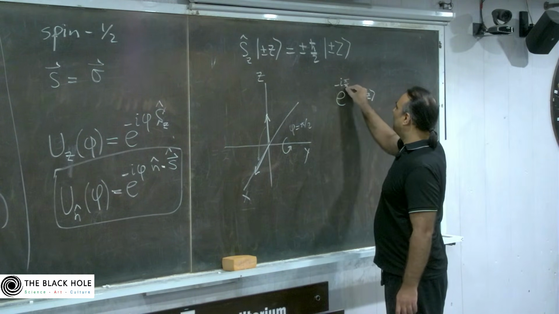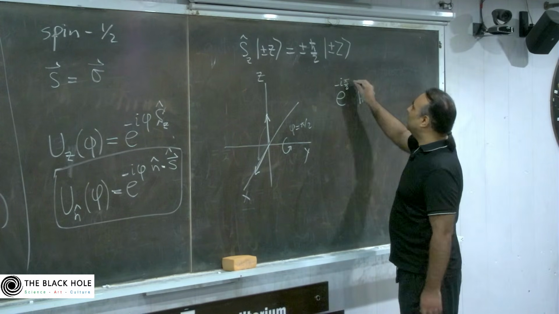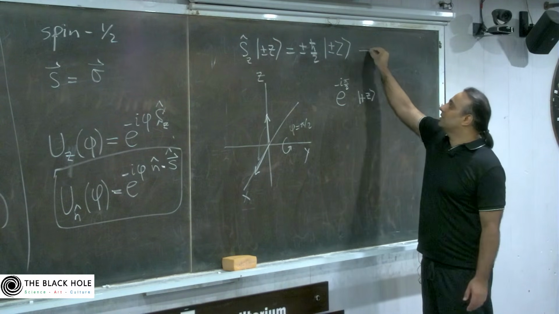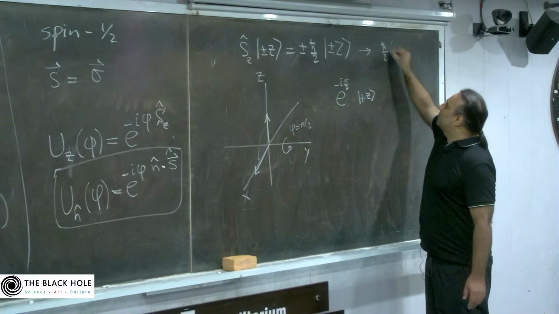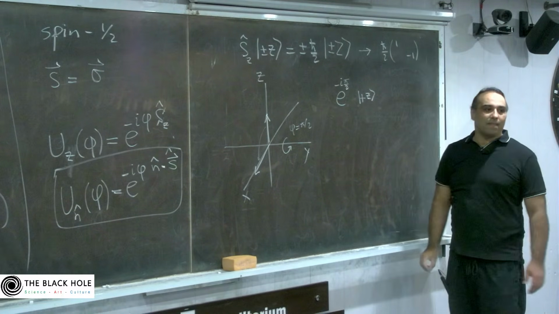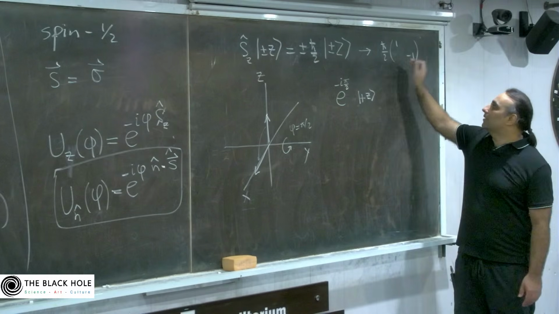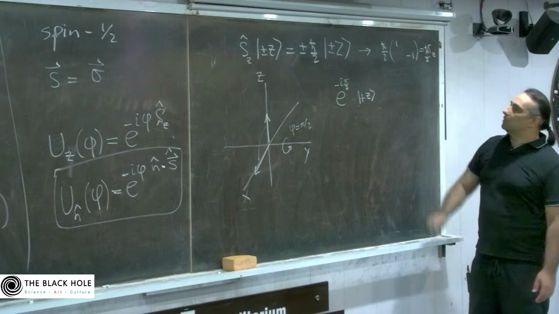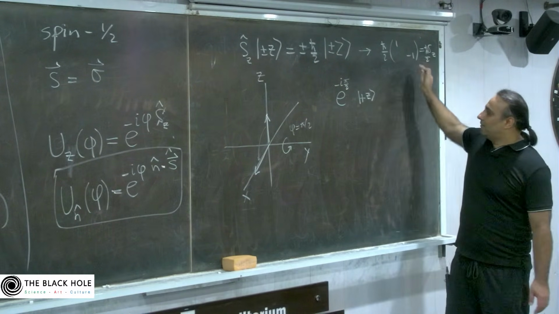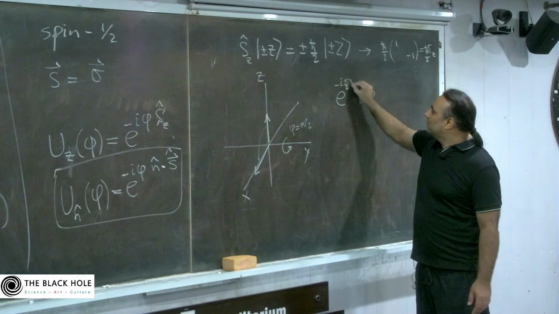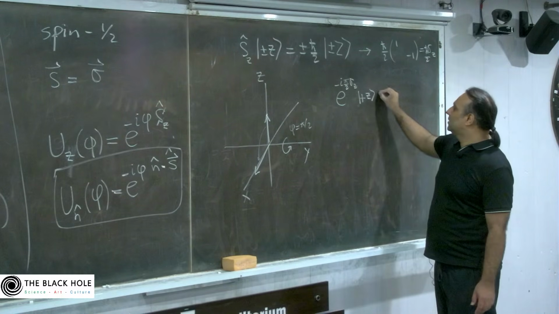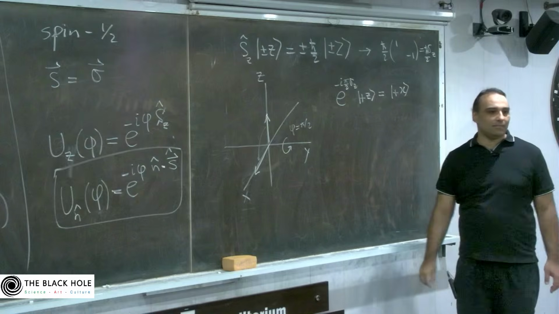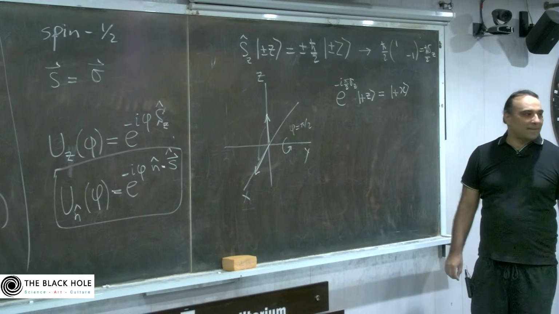Before that I need Sz. If I write this Sz in its own eigenbasis, I simply get this, which is the Pauli matrix sigma z. So you do this, and what you get is plus x.